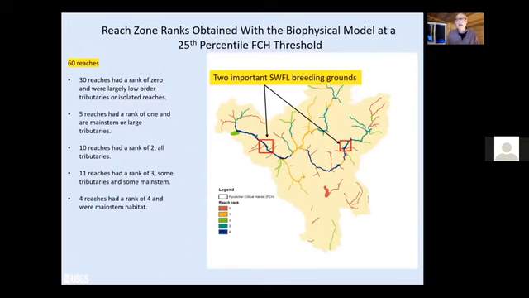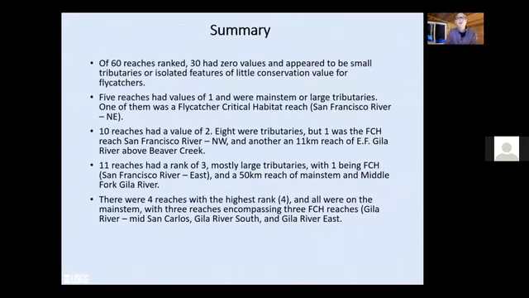Others, class 2 and class 3, are found in tributaries and a little bit in the main stem as well. And then the 4th highest rank were all found in the main stem itself. So it appears that it's sorting these areas out by hydrology and by the characteristics that we identified for the flycatchers.